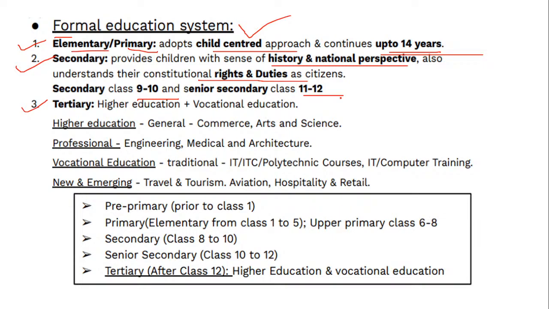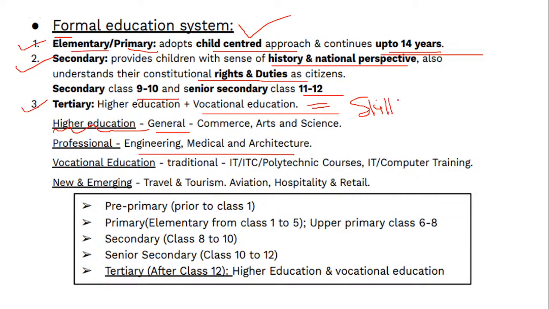Whereas the third part which we have is tertiary education. Now this was a question in one of the cycles. I have taken this question. Tertiary education consists of higher education plus vocational. When I say higher education, it consists of general education, that is in the fields of commerce, science and arts, and professional, that is professional qualification. When we talk about vocational, there are questions focusing on skills.